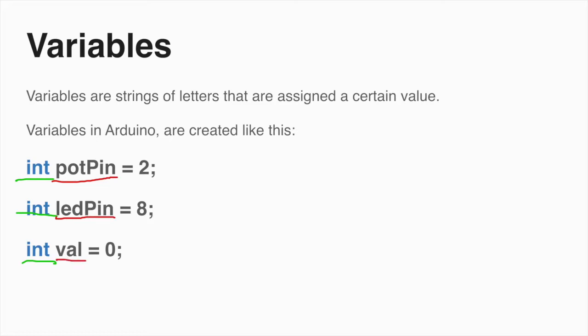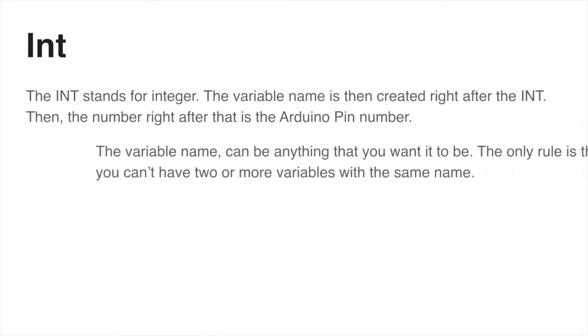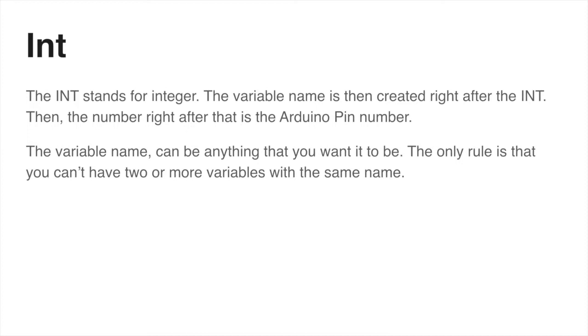Val is another name. Then the number right after that name, which I underlined in red, is the Arduino pin number that we are attaching to that variable. That's the value we're going to assign to that variable name.